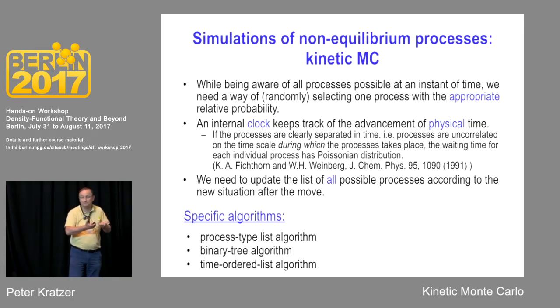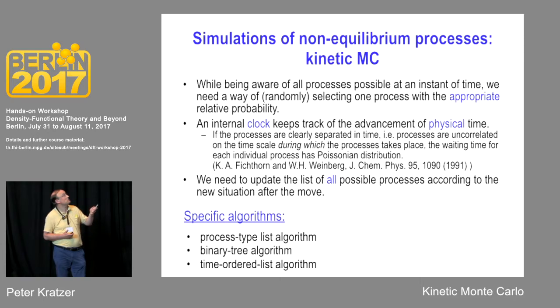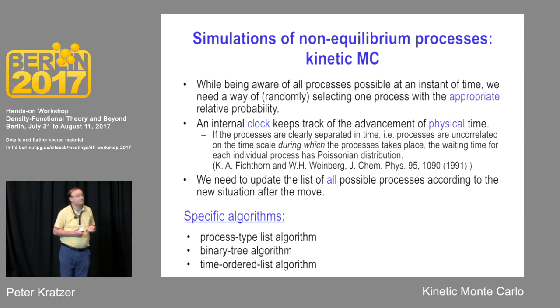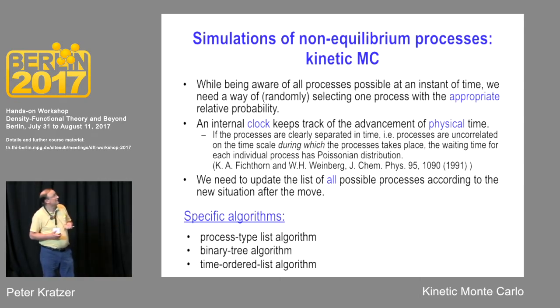So I know the distribution of the waiting time, and this can be used to update the clock. And then after you have made a certain move, you need to update the list of all possible processes. There are specific algorithms. That is more or less a matter of computational efficiency. And you will see what it is.